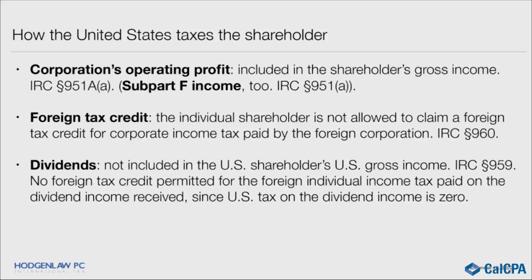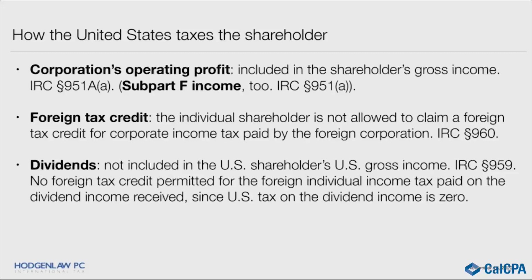And then finally, we've got dividends. And dividends coming from the foreign corporation to the US shareholder, remember, we just have direct ownership by the individual, is not included in the shareholder's US gross income. So you have a distribution from a foreign corporation, but the distribution is not classified as a dividend. And why is that?